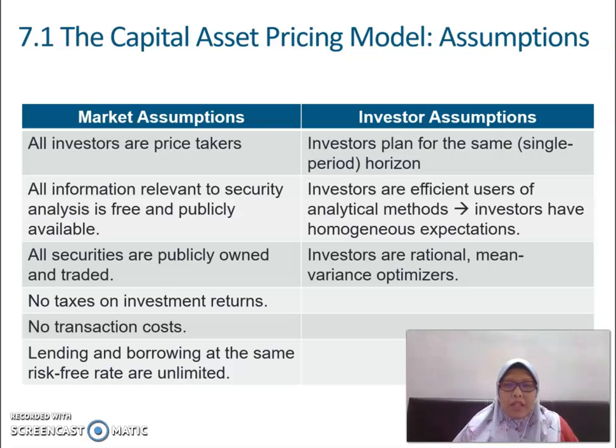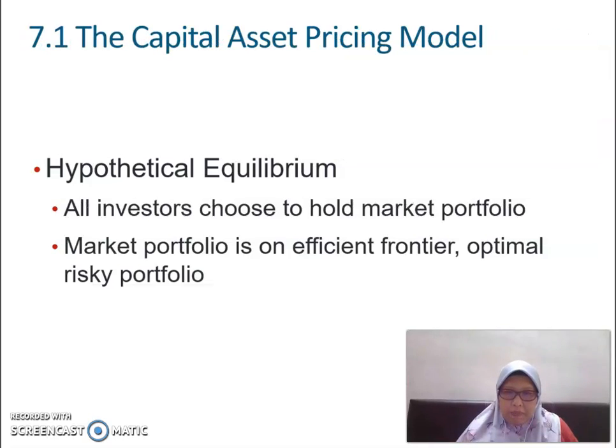The assumptions continue. All investors choose to hold the market portfolio. Here, all investors choose to hold all stocks there are in the market. And with that, we assume the portfolio that they hold is the optimum one that is on the efficient frontier.